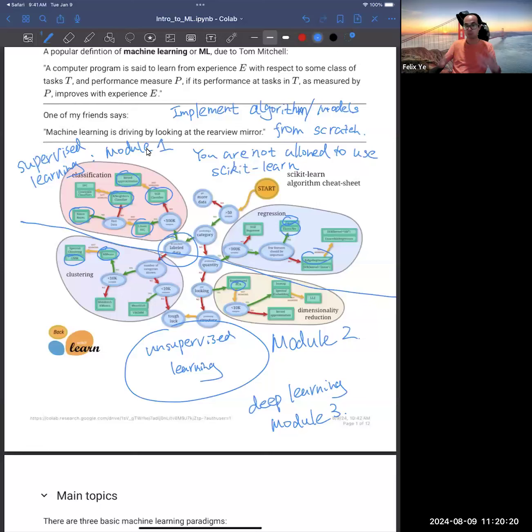And if you want to implement some algorithm, for example, like Lasso, or logistic regressions, you have to implement it from scratch. That means you can only use NumPy and SciPy.